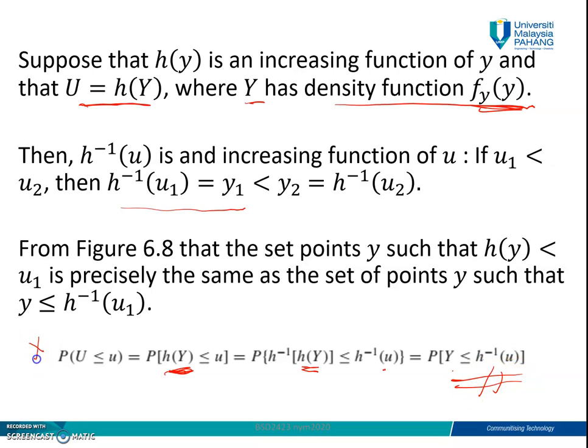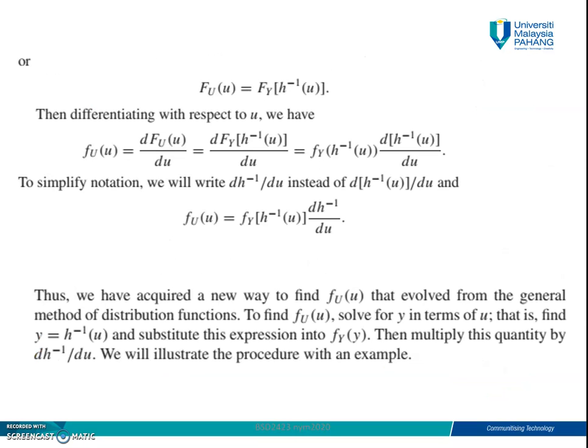So make sure you clearly understand. Figure 6.8 is very important in order for you to understand the concept of transformation. In other words, the distribution function of U can be obtained when you have the distribution function of Y evaluated at the inverse function of U. Then when you differentiate with respect to U, you will get the density function.